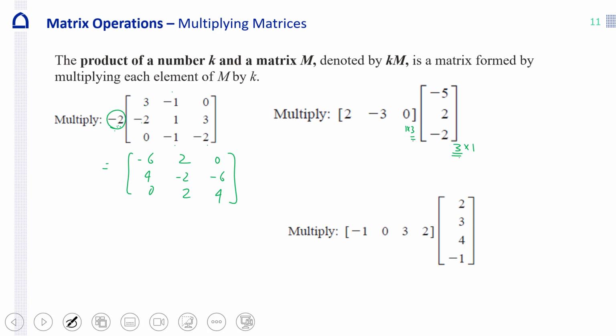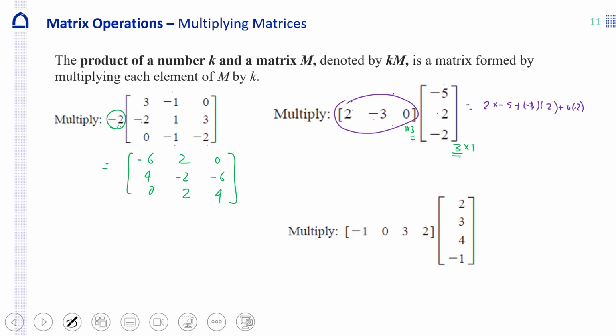Because exactly, you take this one up here, and you take the two, multiply the first one by the first one, the second one by the second one. So exactly you are doing 2 times minus 5 plus minus 3 times 2 plus 0 times minus 2.